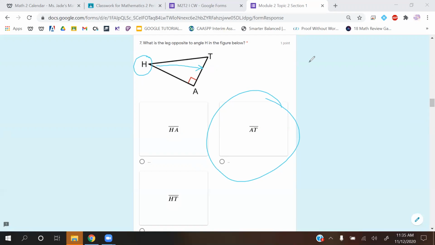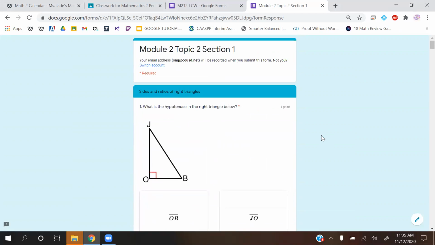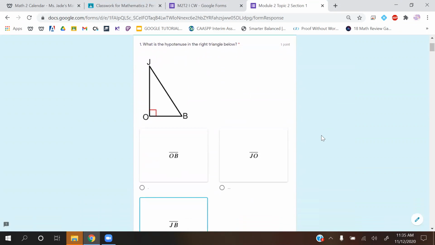Miss J, someone asked in the chat. Oh, I can't see the chat right now because I'm sharing screen. Someone is asking me what is number 1 and number 2. Okay. Let me clear all drawings, select number 7, and I'll scroll back up to 1 and 2. Number 1 was the hypotenuse in the right triangle below.